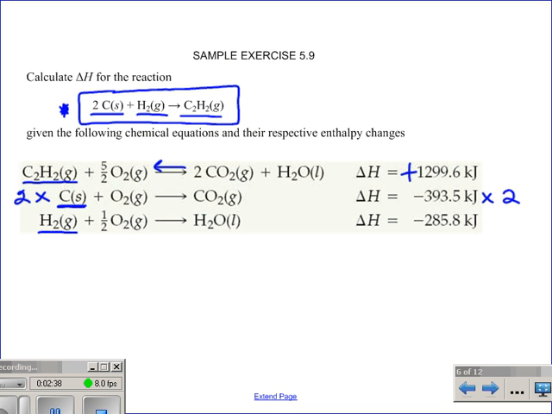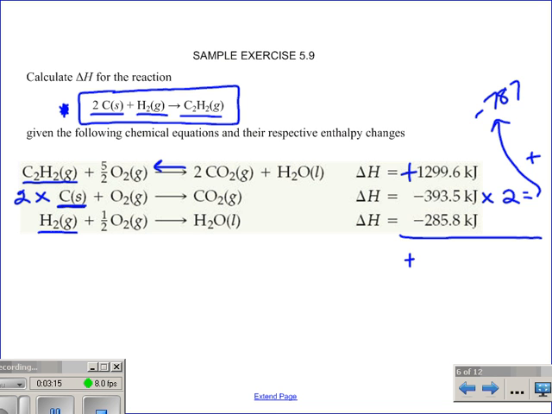Now, I'm confident that I did what's right here. And at this point, you're just going to add all these things together. If I take negative 393.5 times 2, that gives me negative 787. And now I just add everything together.